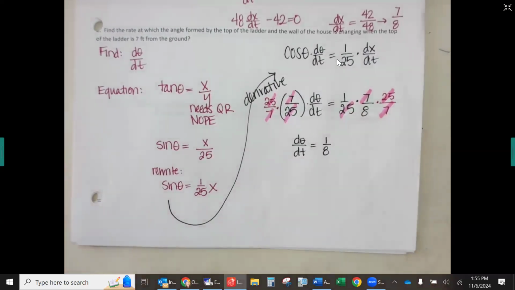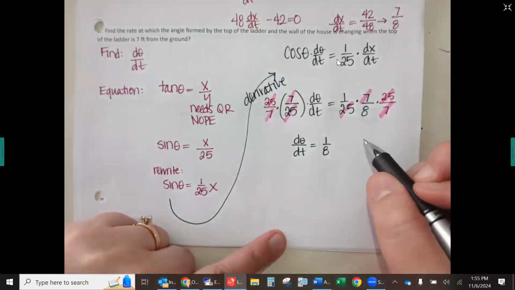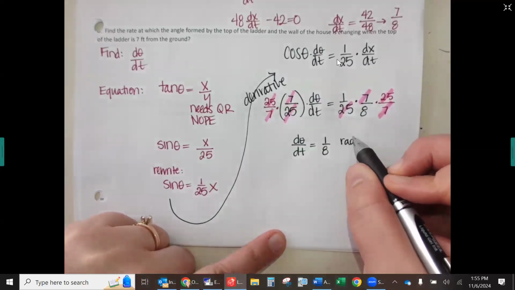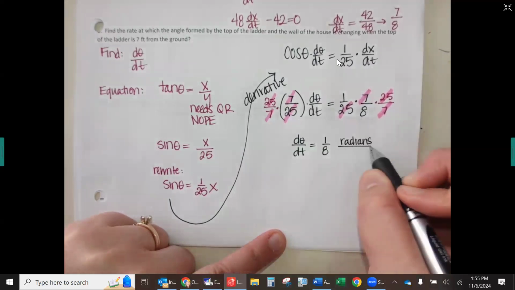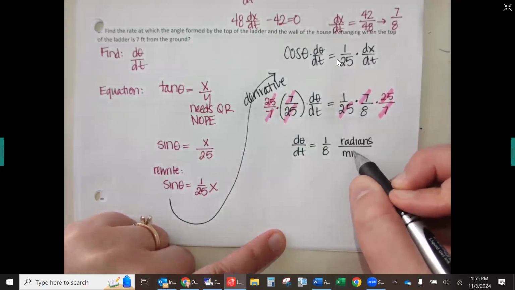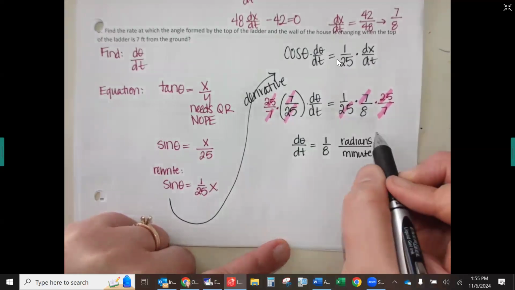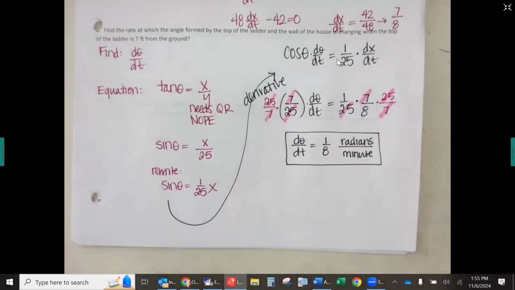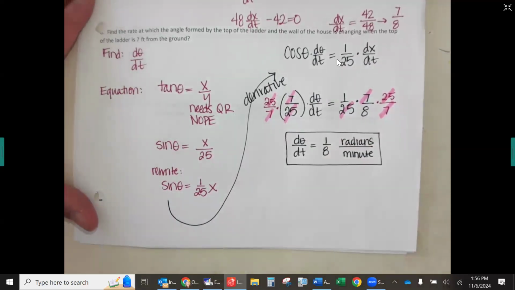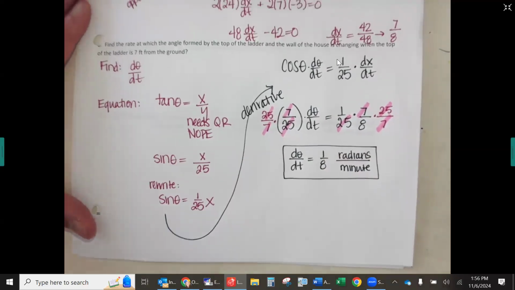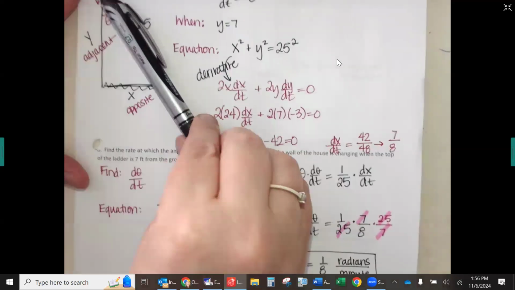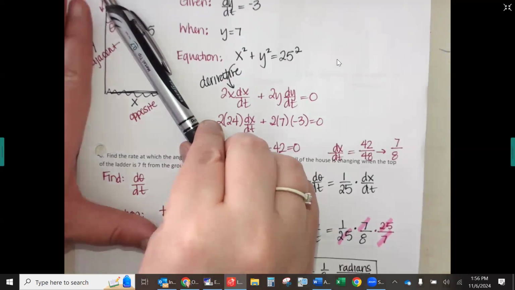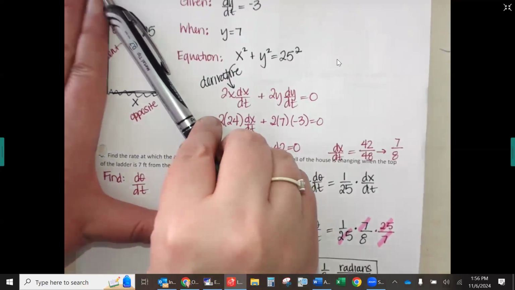What are my units for a rate of change of an angle? Radians per. Now, in this case, we were measuring in minutes, so radians per minute. Okay, now think about it for a second. Go back to your picture. If I'm looking at my little ladder, pretend my pen is the ladder and the ladder's falling, and pretend my hand is the wall.